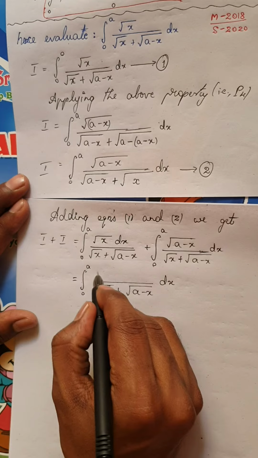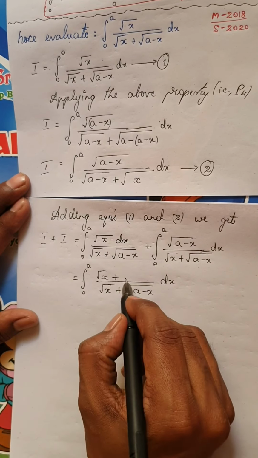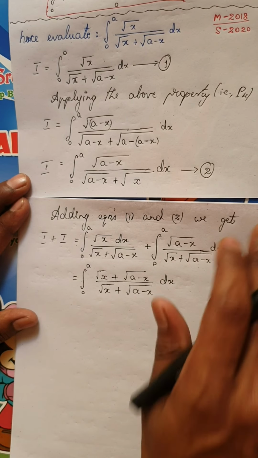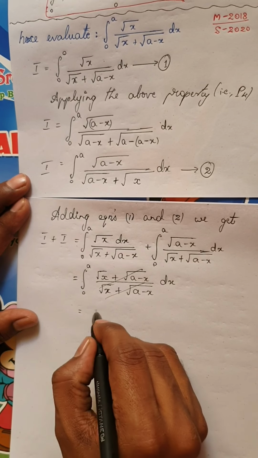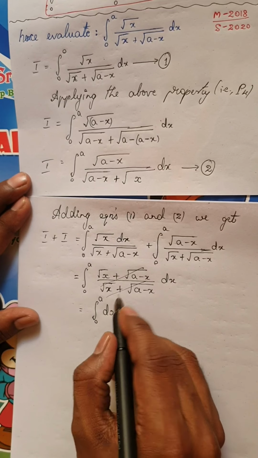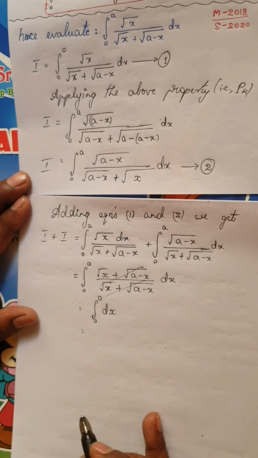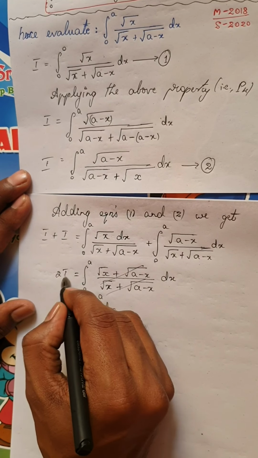From this integral you have root x plus from this integral you have root of a minus x. You can see here we have the same factors, both the factors would be cancelling, you are just left over with integral 0 to a dx. And one more change, I plus I can be taken as 2I.